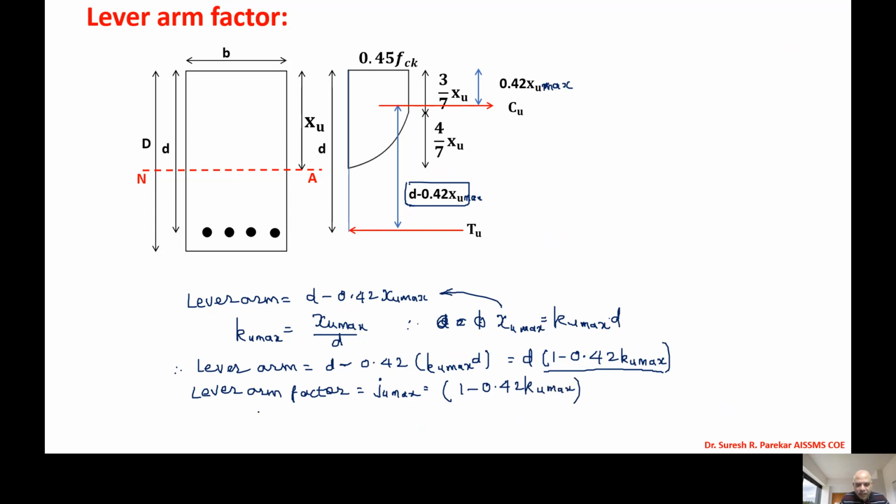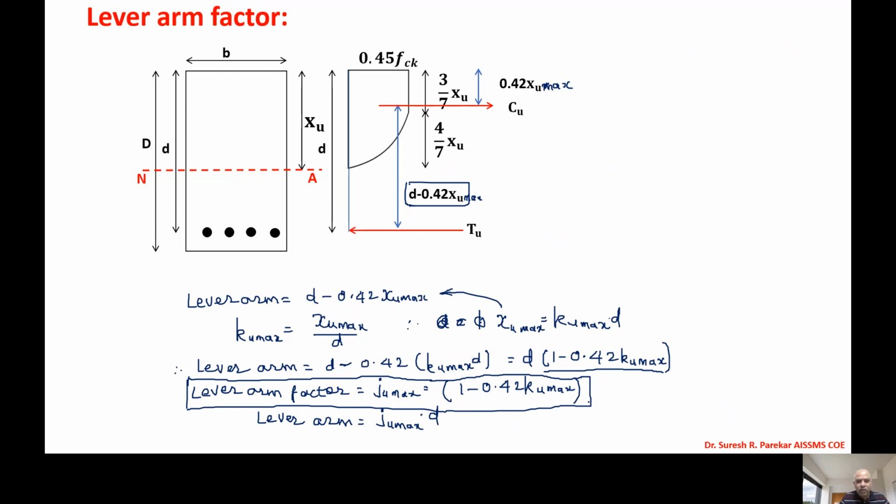And from this we can write lever arm equal to Ju max into d. So lever arm factor we have very clear, that is 1 minus 0.42 Ku max.